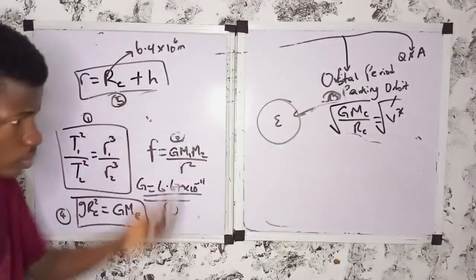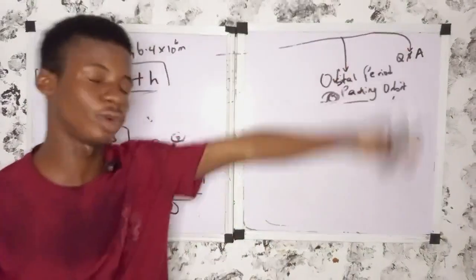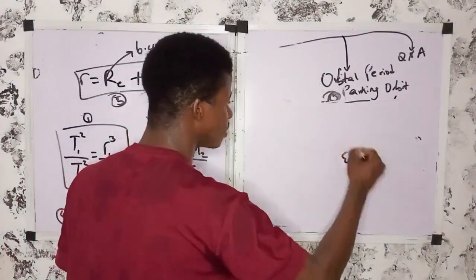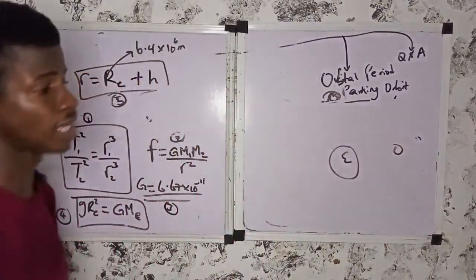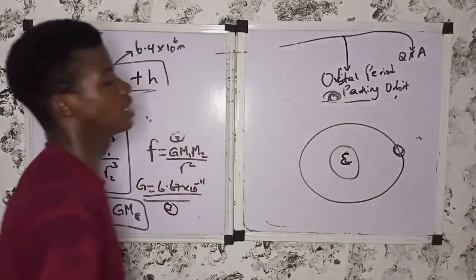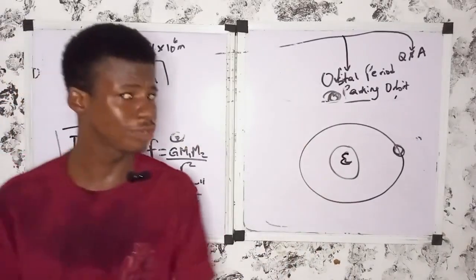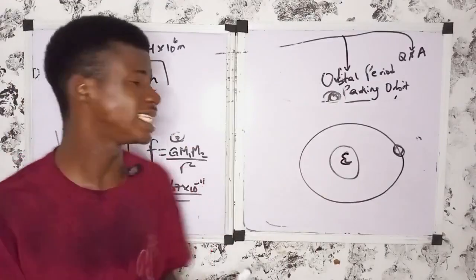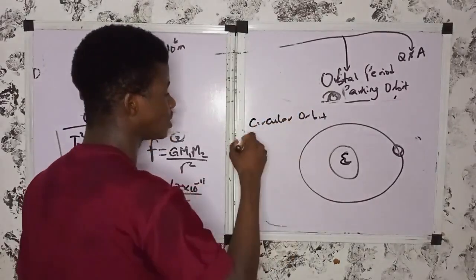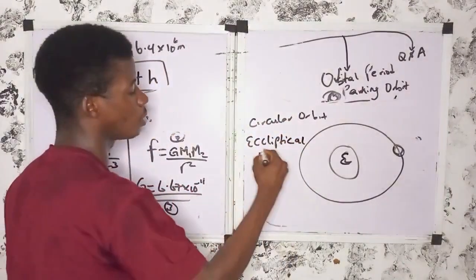All right. There's still one part before we move to orbital period and tracking orbit, and then the question and answer. Earlier, I told you that a satellite is a body that revolves around the Earth. This body or satellite can move either in a circular orbit or in an elliptical orbit.